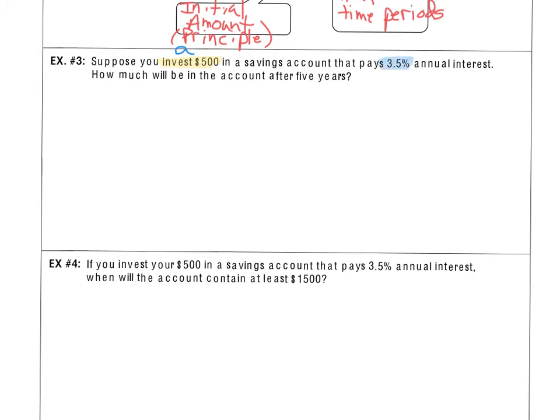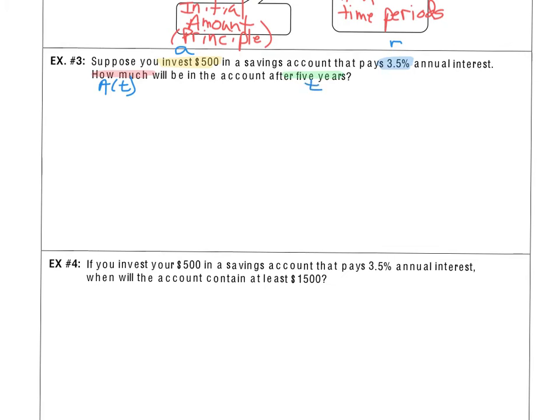So that's going to end up being our R. How much will be in the account, and that's your total amount. That's going to end up being your A of T, after 5 years. So 5 years, that's going to be our T.